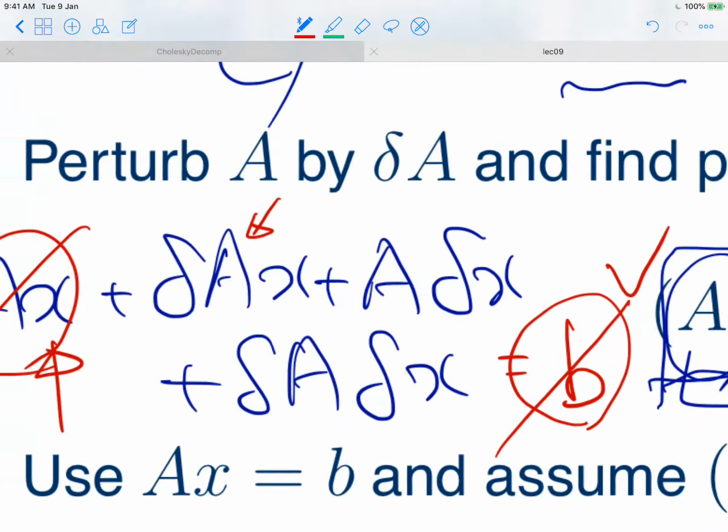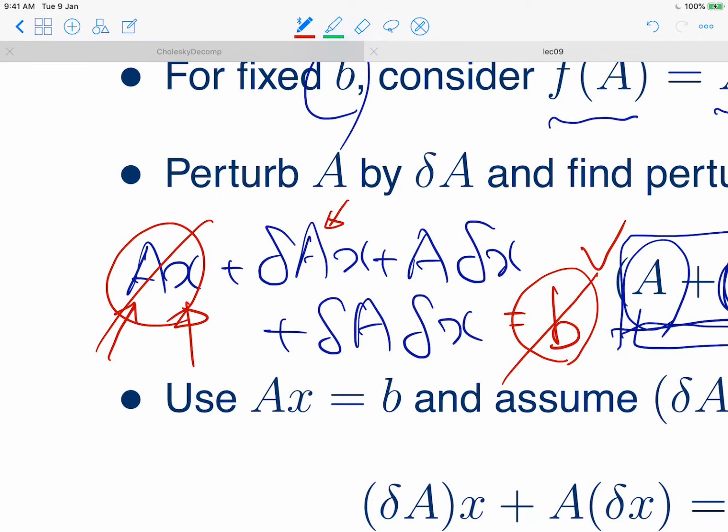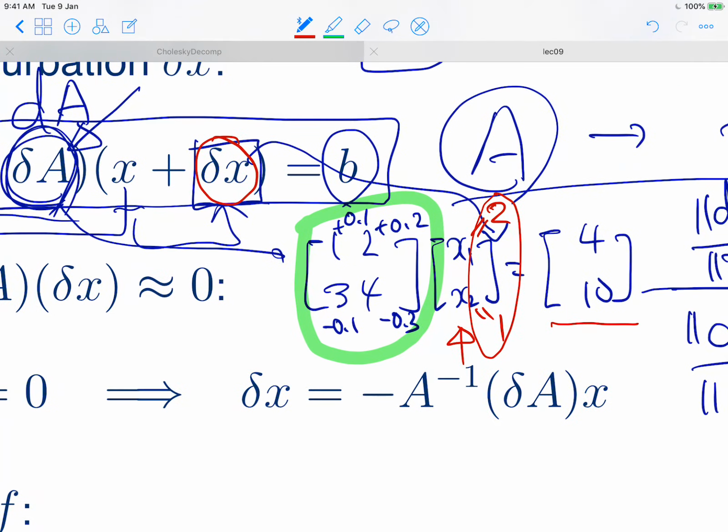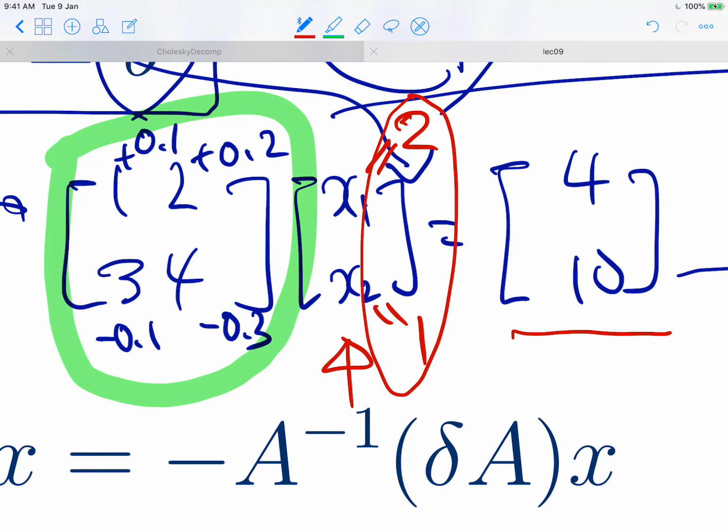So let's think of the scale of the perturbation of A as maybe 10 to the negative 6, for example, and then X has the scale of 10 to the 0, for example, because it had the solution of 2 and 1, and it's roughly in the range between 0 and 10.